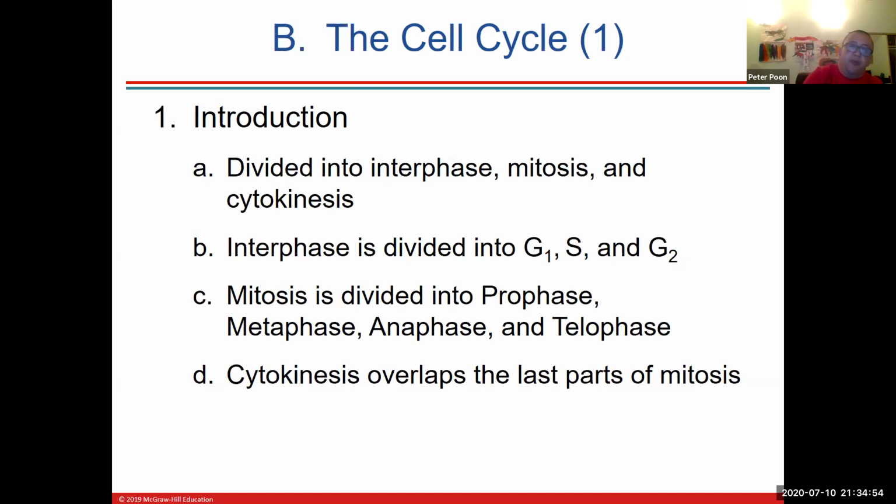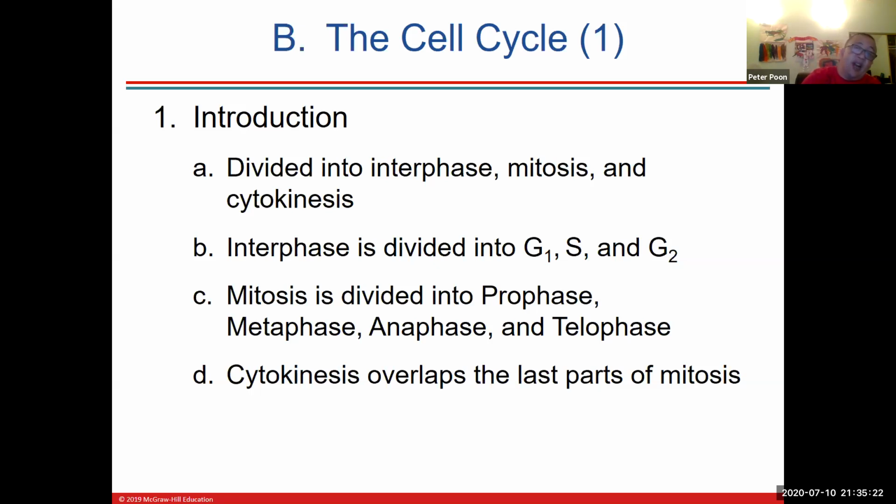Cell cycle. The cell cycle is divided into interphase, mitosis, and cytokinesis. When we first started looking at cells, what we understood was literally nothing. Then we started to see the stages where the cell divides, and we understood that rather well, and we call that mitosis.